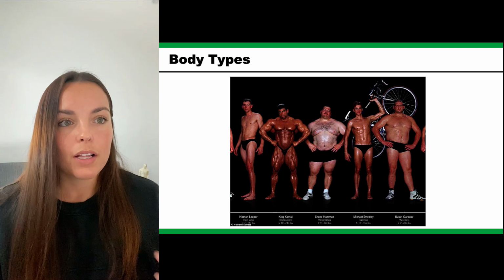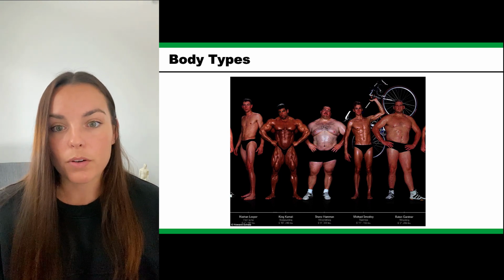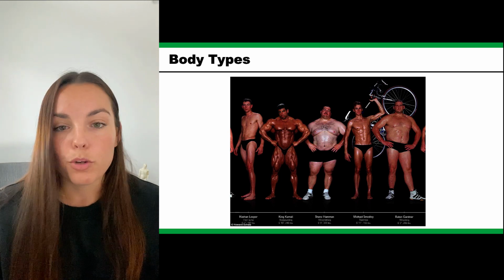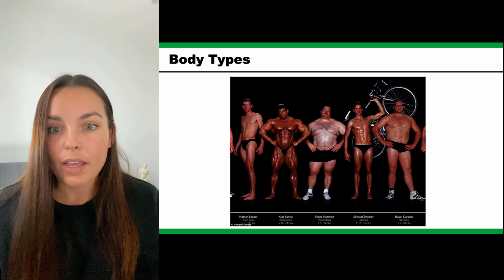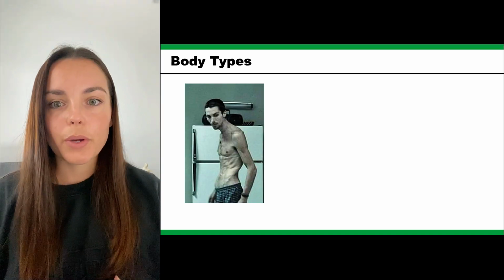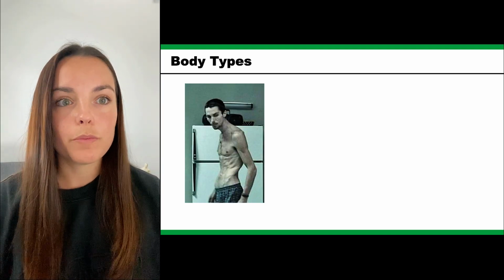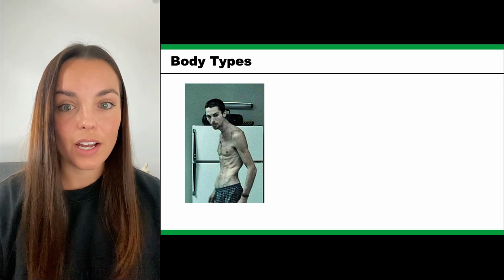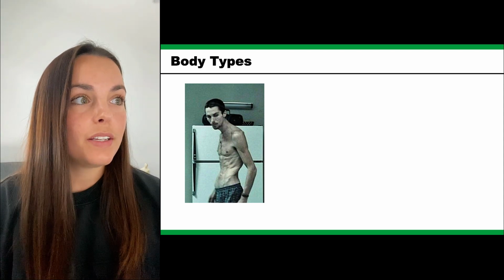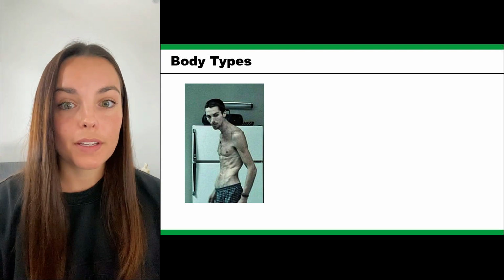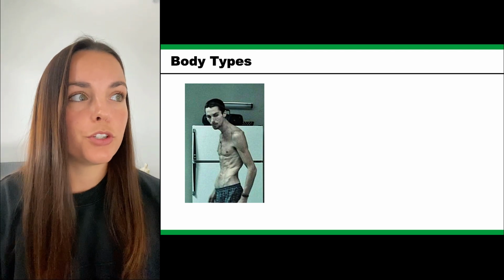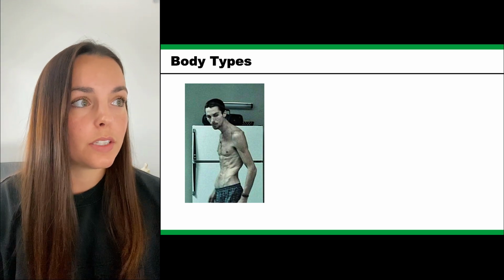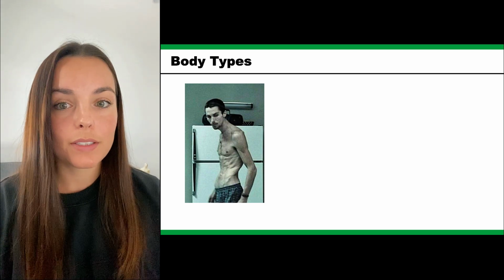So if we were in class today and we were measuring our somatotypes, that doesn't mean that you are a mesomorph and that's it. It can change. It's flexible. So I guess the best representation of what I'm trying to say is if we have a look at this guy here. If you look at this guy in this picture and you were to assume what sort of body type you'd be, you'd probably say he looks to be quite tall and quite slender for his height.